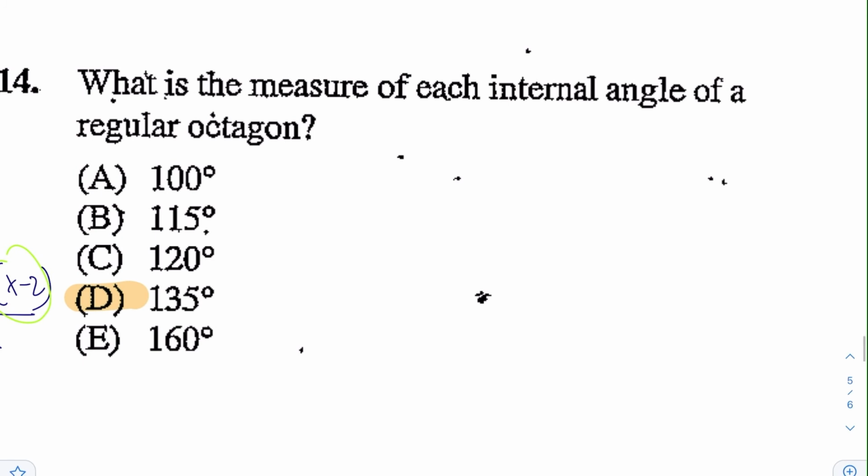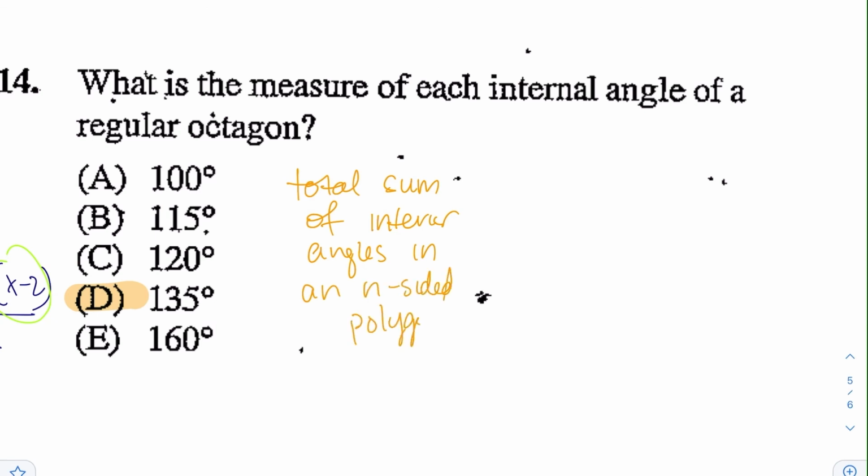All right, next one, number 14. What's a measure of each of the internal angles in a regular octagon? And this is your stop sign. So the formula for the total sum of the interior angles of an n-sided polygon, the formula you can use is n minus 2 times 180.